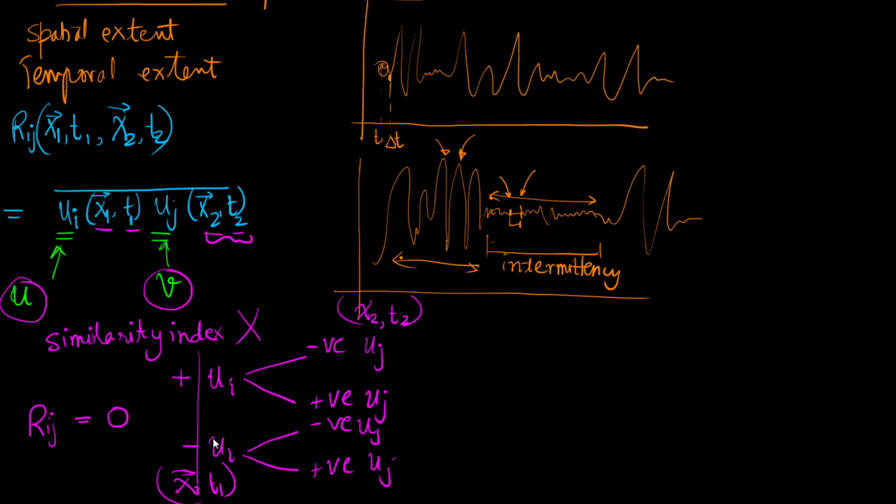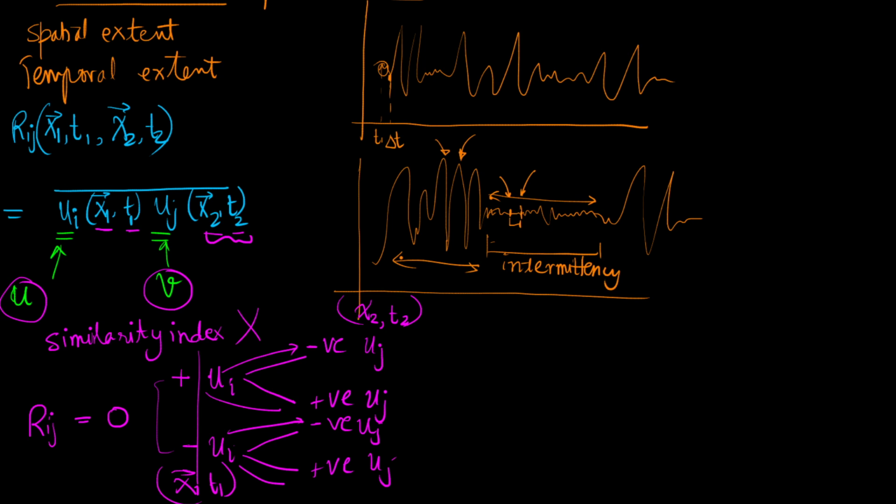If this is true, then you will have a negative product, positive product, negative product, all coming with equal probabilities from n different ensembles.